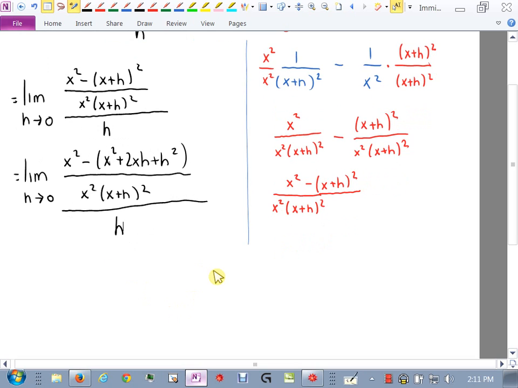All right. Distribute. All the signs change.